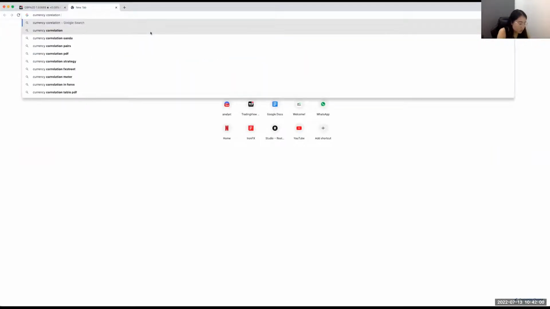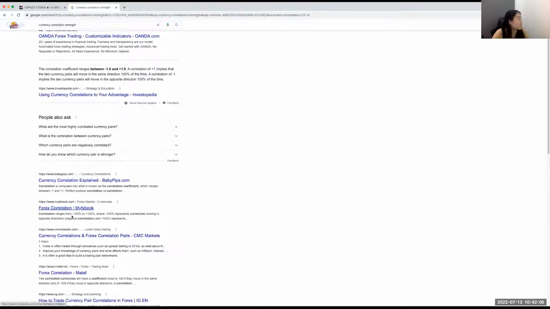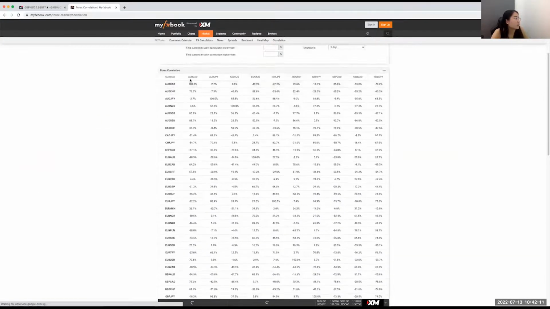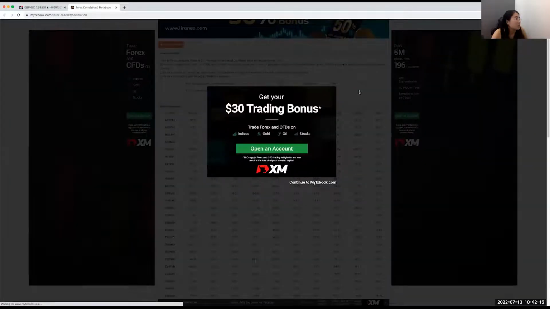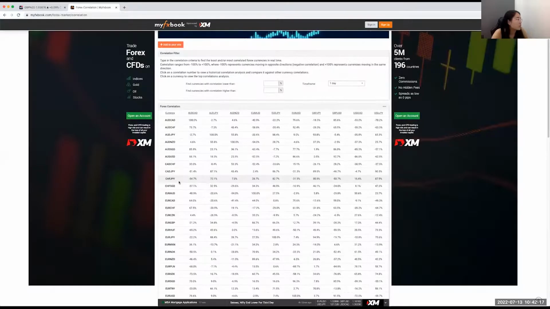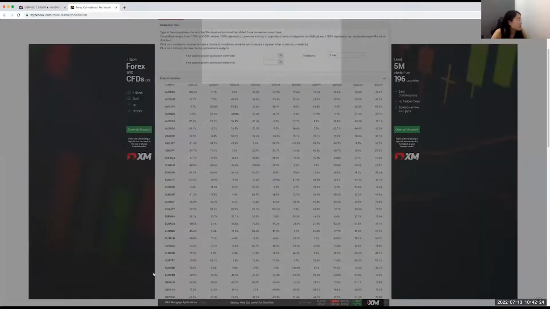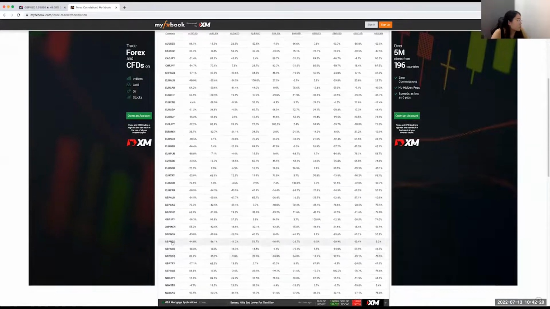For those who are not sure, you can just go to currency correlation strength on my FX book. This is where you find correlation. Let's say you're looking at the GBP NZD.